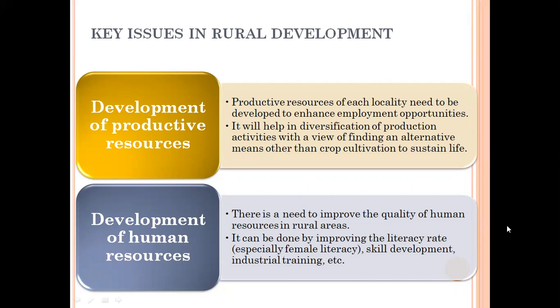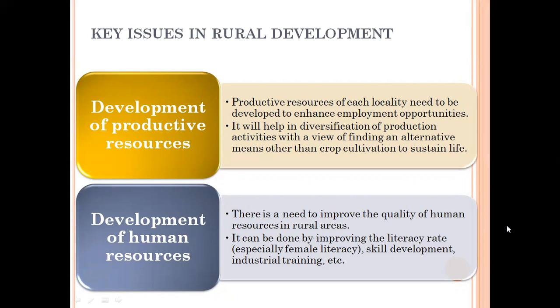Like in the first module, we have also learned about the non-agriculture sector of villages. So development of productive resources reduces the excess burden on the agriculture sector. So this is also another problem.